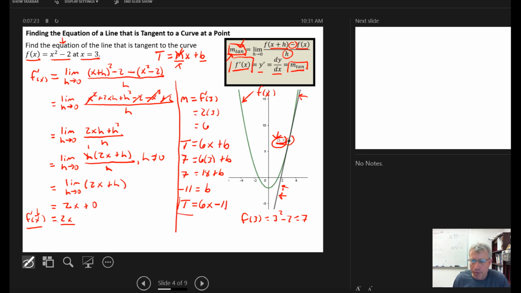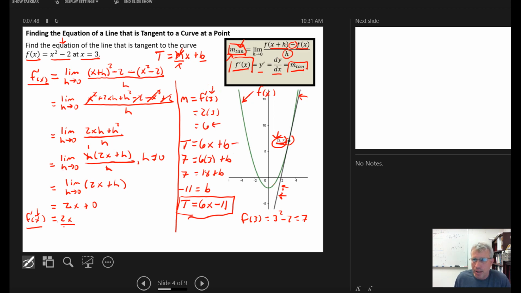Notice that was a multi-step process, but you can think through it logically. I want the equation of a line, so I need to find the slope of the line. The slope of the line is described by the derivative. So I take the limit as h goes to 0 of the difference quotient to get the derivative. I plug in my value of x to get the slope of the line for that specific value of x.